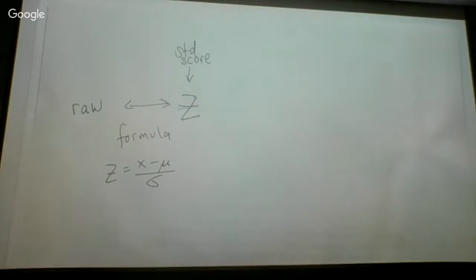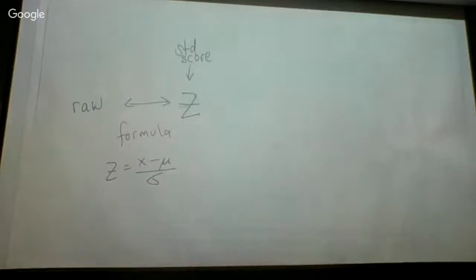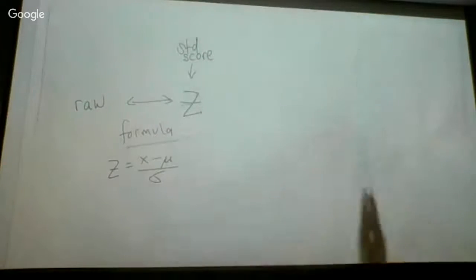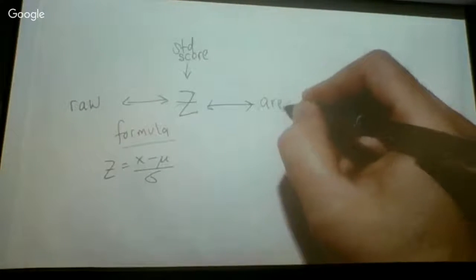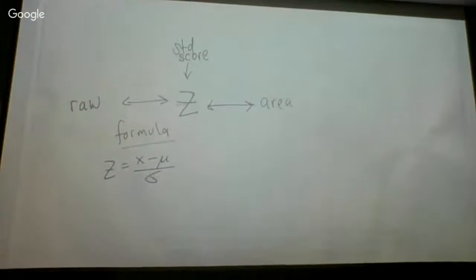We're just reviewing, shaking off some of the dust, since it's been a while since many of us have had a chance to look and think about that. That way, for all the stuff we do today, we can have access to things we need to know. Well, raw scores can be converted into z-scores using the formula. Now, z-scores I can convert to an area, provided I know the shape of the distribution.